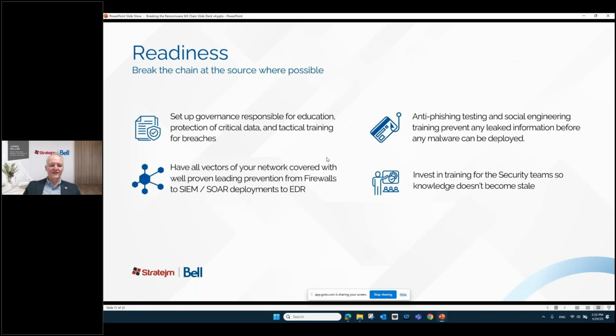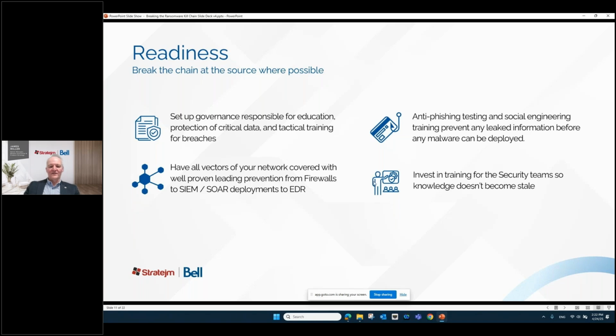So when we talk readiness, definitely security governance is at the top. So that is a governance program to not only look at systems, best practices, but also to look at the employee base and what training they need to do their job properly, but also safely.